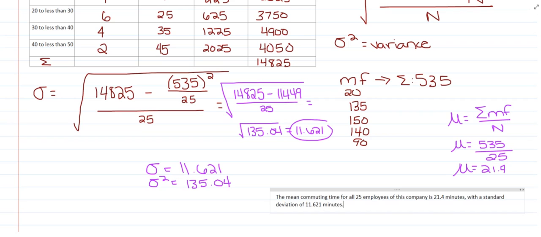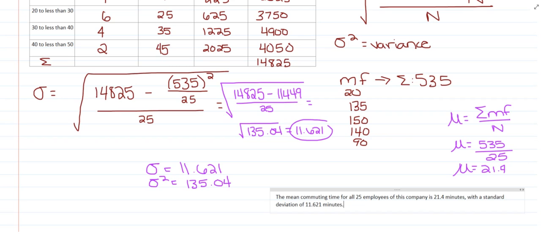So what that means is that the average commuting time is 21.4 minutes, about 21.5 minutes. But then you have that standard deviation. So again, that's that give or take, about 11, 12 minutes there.